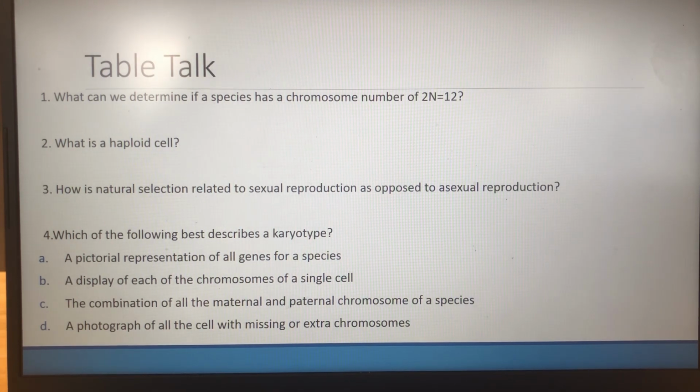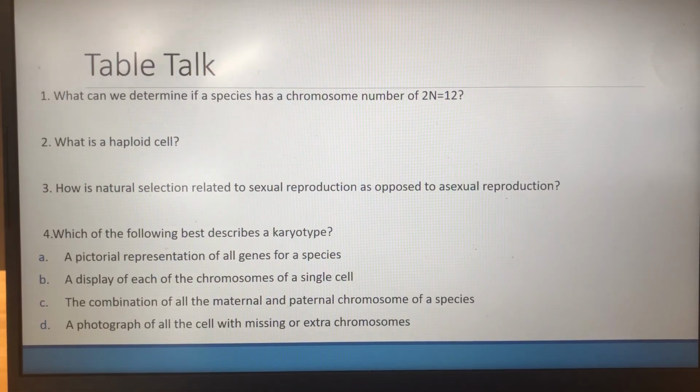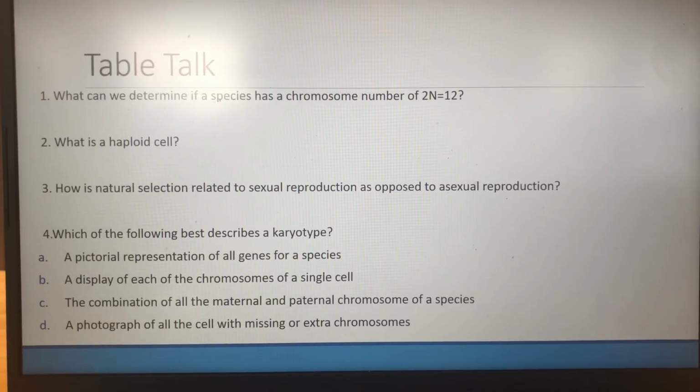What is a haploid cell? Look back on your notes and find the definition of a haploid cell, the specific definition that is in there in bold. But basically, a haploid cell would be an egg or a sperm cell, a gamete cell, or a cell that has half the chromosome number. How is natural selection related to sexual reproduction? That's another one.